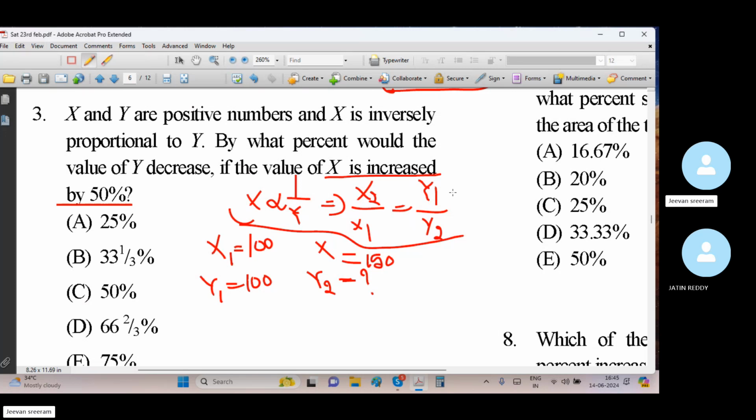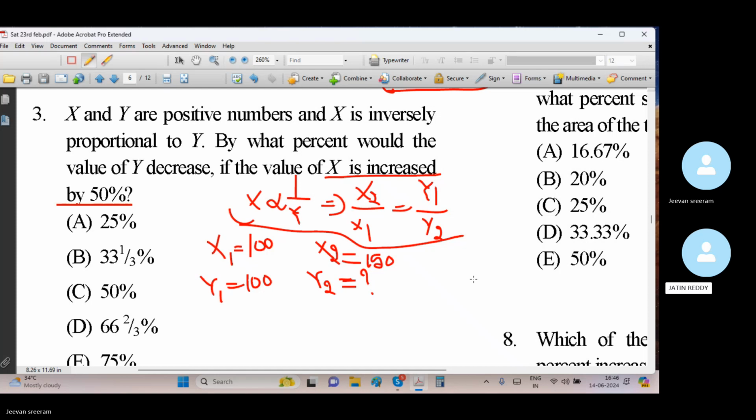This is X2. By what percent would the value of Y decrease?